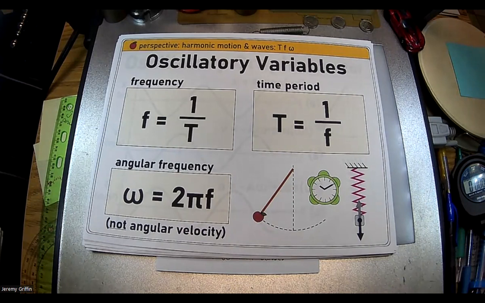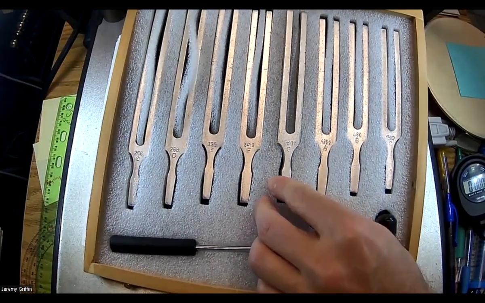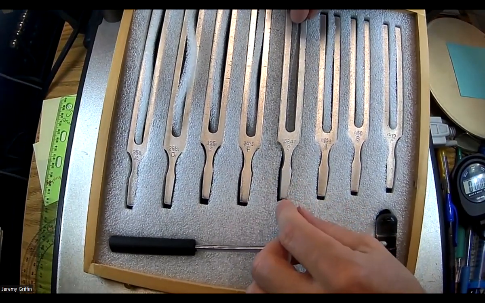What if I kept increasing the frequency? Do you guys think at some point your brain would lose track of the beats and it would sound more like a hum, and then if you keep turning up, more like a musical note? Actually, all musical notes have an associated frequency. I have a box of tuning forks here that we're going to use at some point. Now these are tuned weird. I think this is called scientific tuning or something.